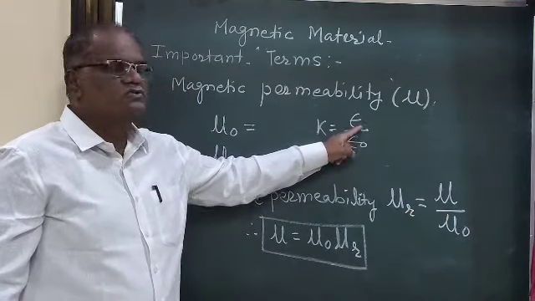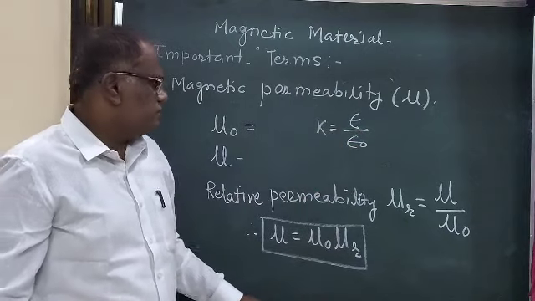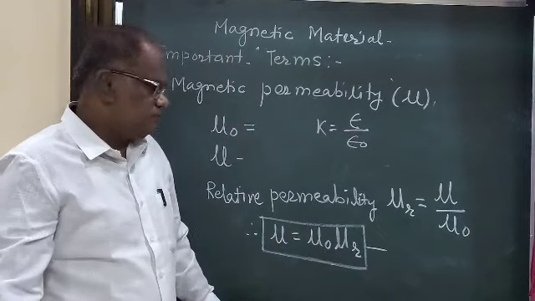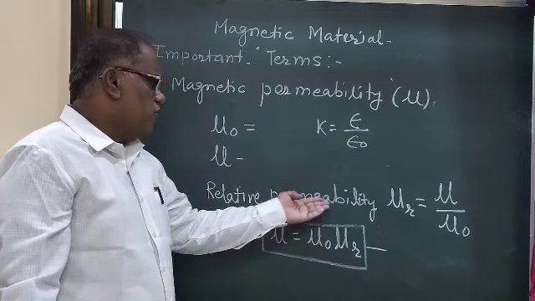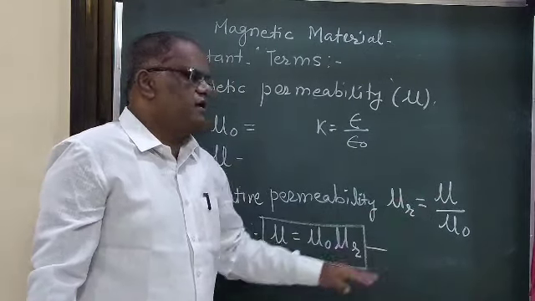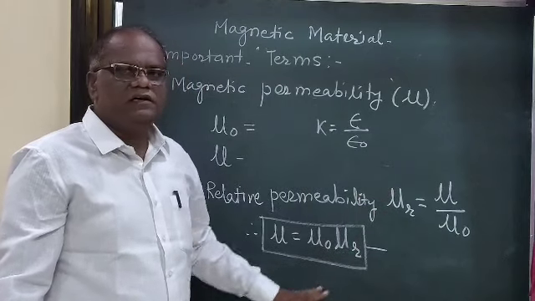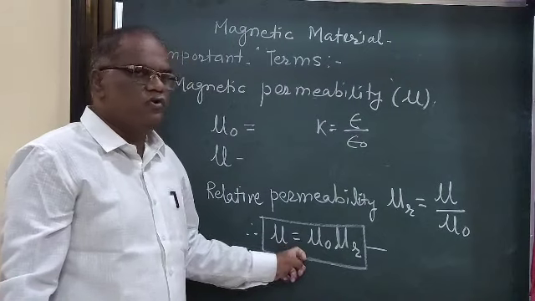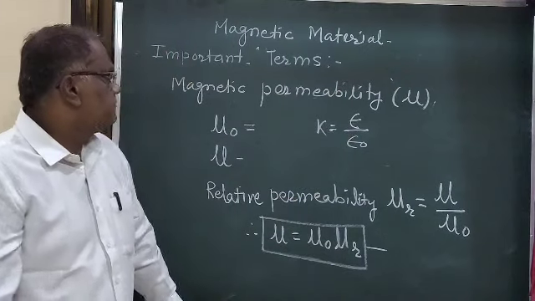This equation is important for us. Relative permeability is the ratio of similar quantities, hence it has no unit and no dimension. This quantity is very useful in further explanation.